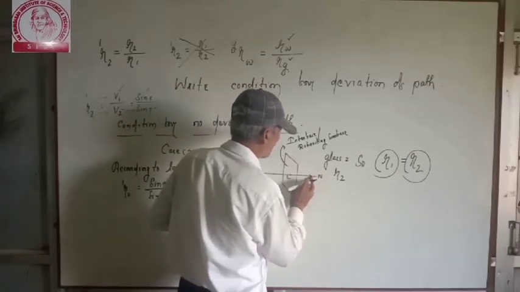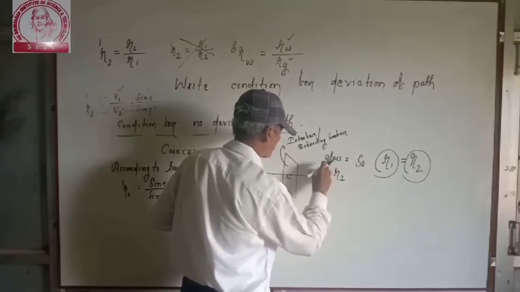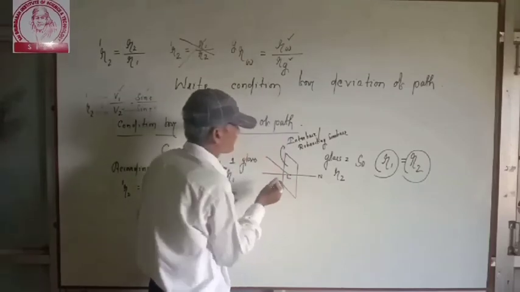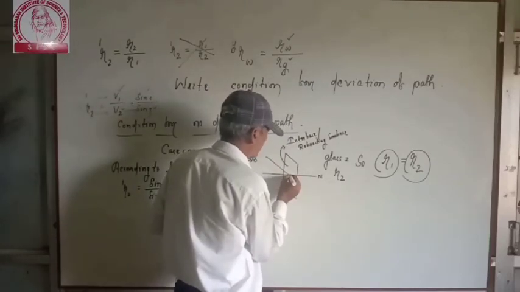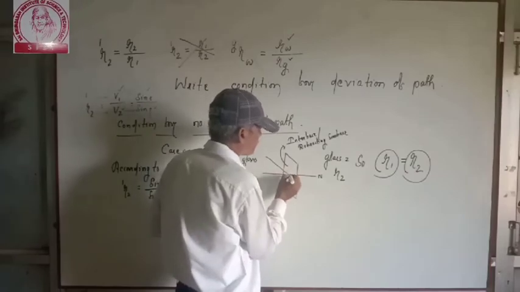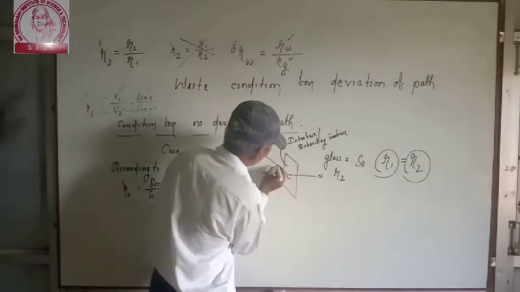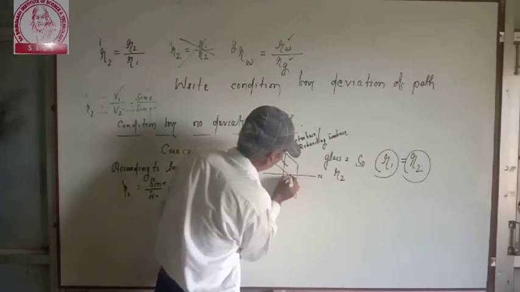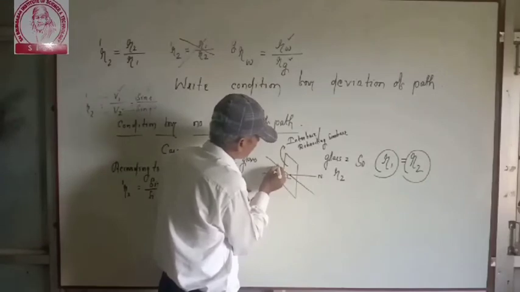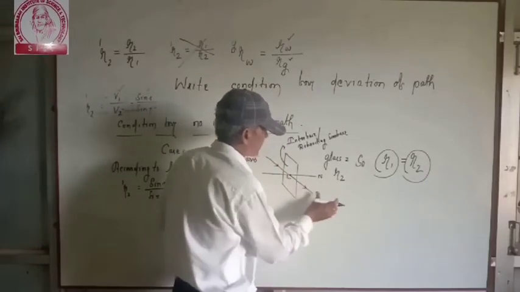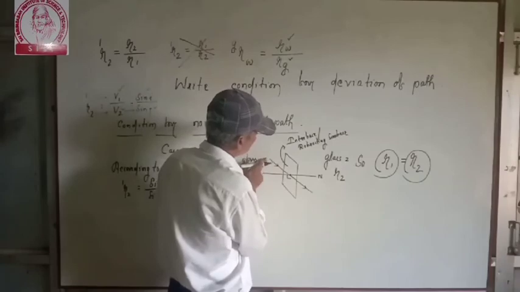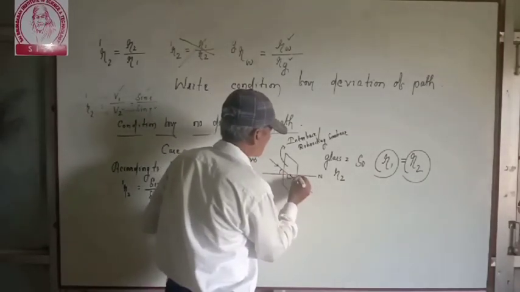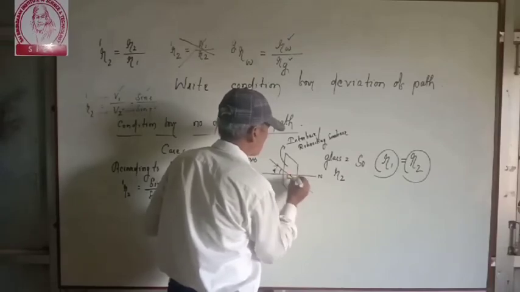This is the point of incidence. Now the ray propagates directly. There is no deviation of path. That means i is equal to r.